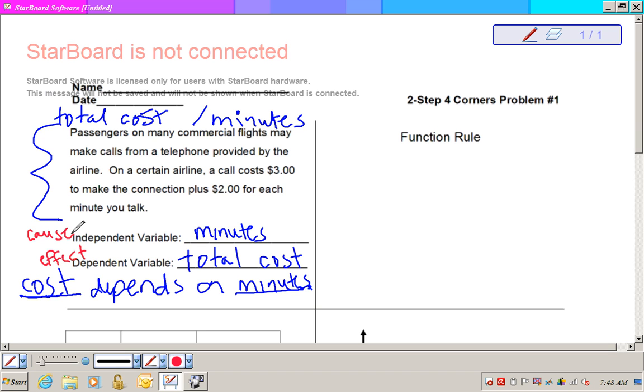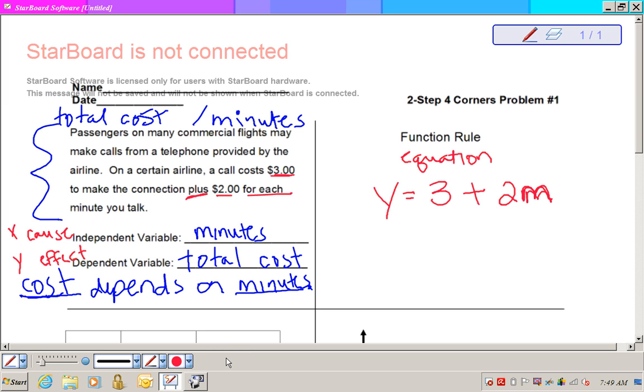Okay, for the function rule, that's an equation that we're going to come up with. I'm going to start off by saying that the independent we're going to call X, and dependent is always going to be Y. So the Y, the total cost, is going to be the $3 to make the call, plus $2 for each minute.